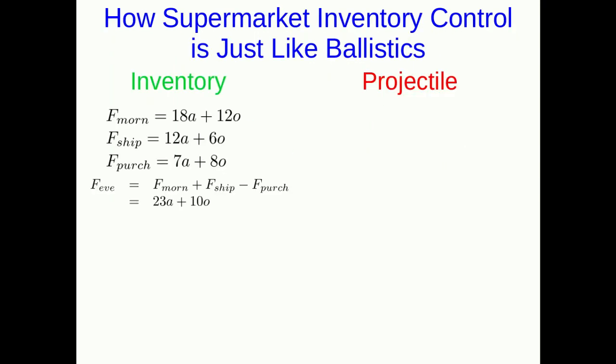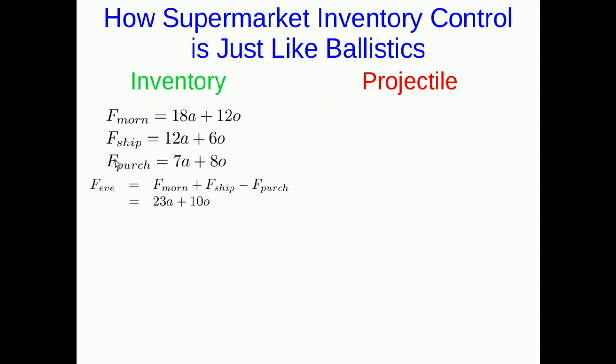So we can't ignore that there's a vector nature to all of this motion, and I just want to show you that the way we're going to deal with it may not always look like we're doing vectors, but it is. So think about inventory control again. In the morning, the fruit in the store is 18 apples and 12 oranges, and during the day a shipment arrives, a great big shipment, with all of 12 apples and 6 oranges.